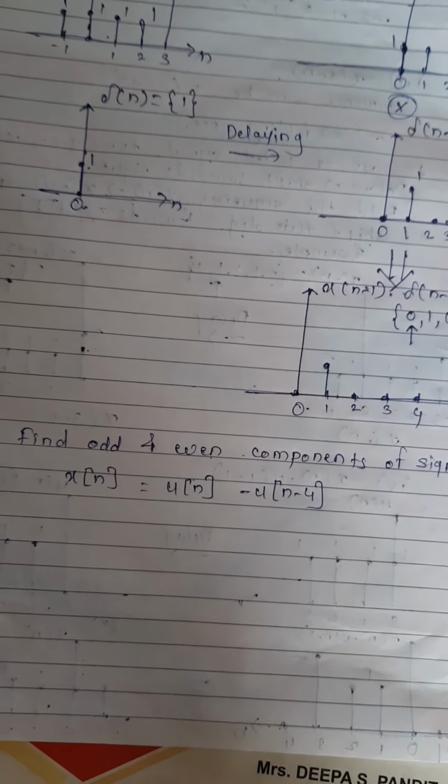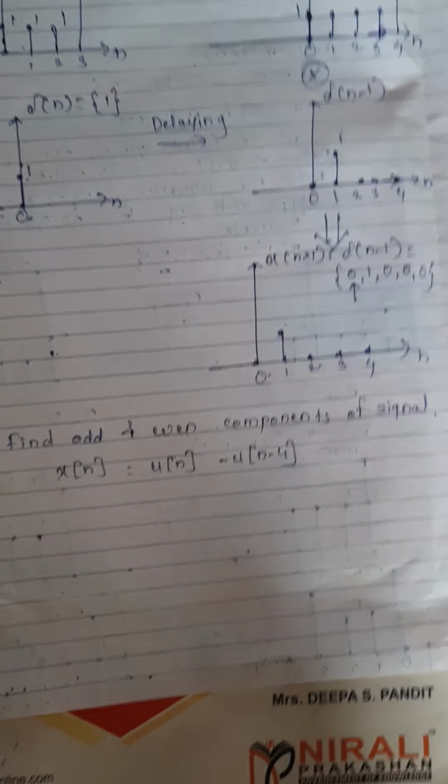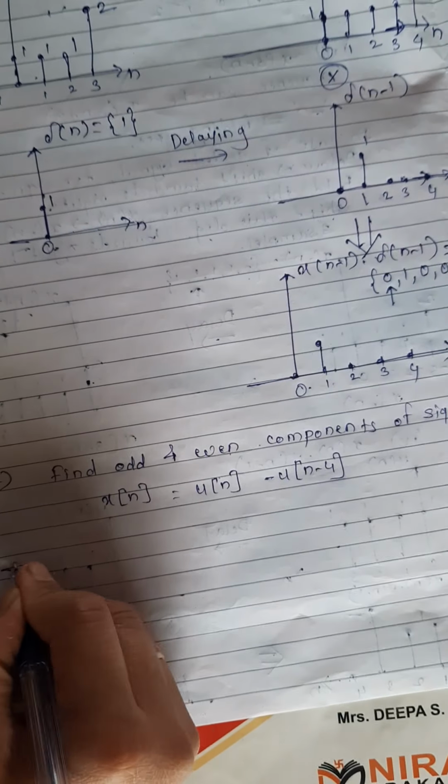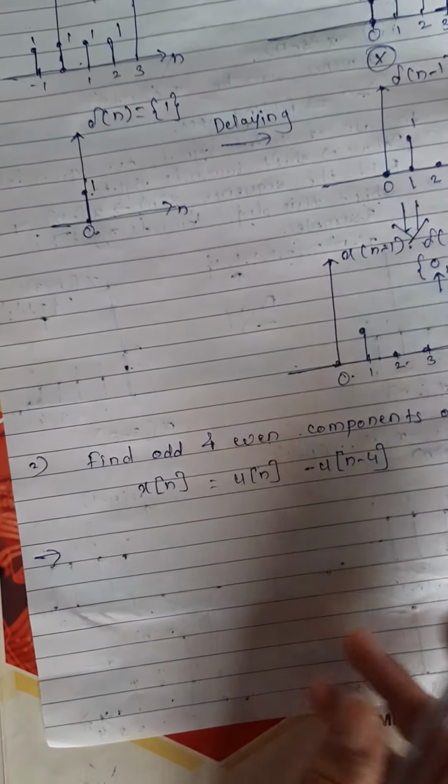So we have to find the odd and even components of this given signal, and this type of problem was asked in exam for 4 marks. So first we draw what is given, x of n is equal to u of n minus u of n minus 4.